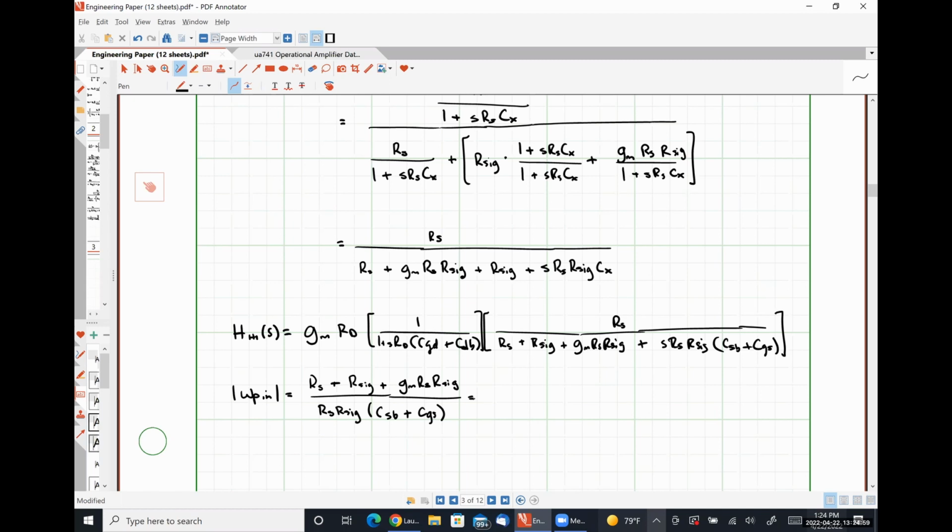So this is going to come out to look like RS in parallel with R sig in parallel with 1 over GM times CSB plus CGS. And then a simplified form of that pole relationship.